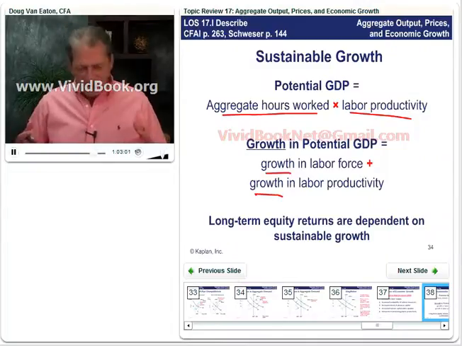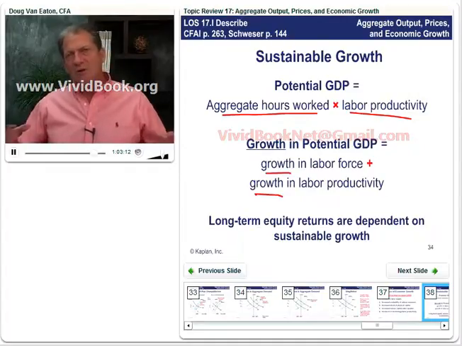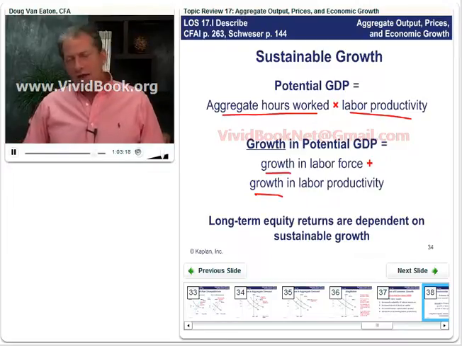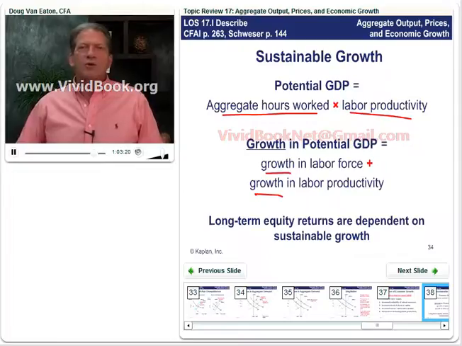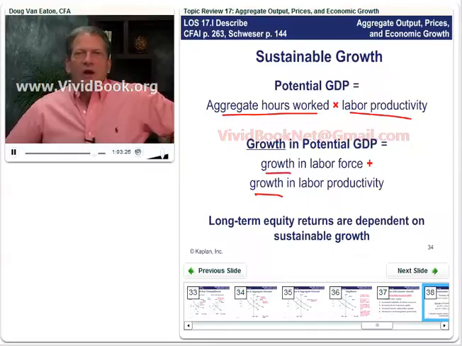Equity prices are the value of the companies, at least the listed, publicly traded ones within an economy. As that economy grows, the value of that equity is going to grow as well. Historically speaking, long-term equity returns are closely related to growth in the overall productive capacity of the economy.